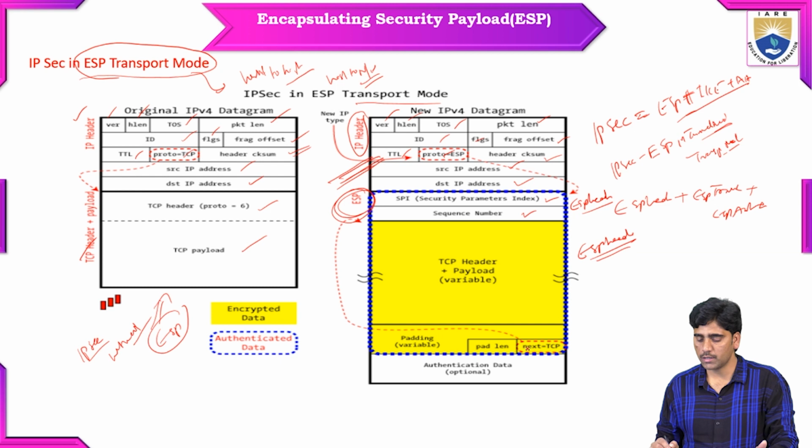The ESP trailer contains padding, which is optional and variable, along with the padding length and the next header.